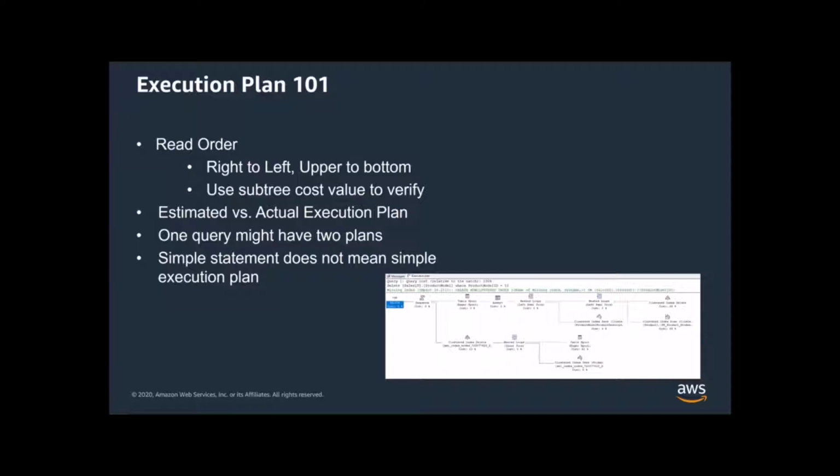That subtree cost means, until now, including this step and all the steps before it, what the cost would be. For example, if here the subtree cost is 100, and here you will see 200, that means this one is 200, and before this step the total is 100. That's what I mean by subtree.